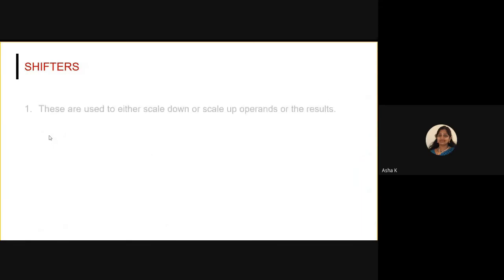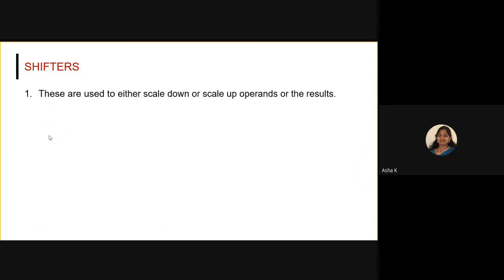In today's class, we're going to learn about the concept called shifters. What are shifters? Why are shifters necessary? As we know from basic electronics classes, consider any data, for example 1000, with bits A3, A2, A1 and A0.